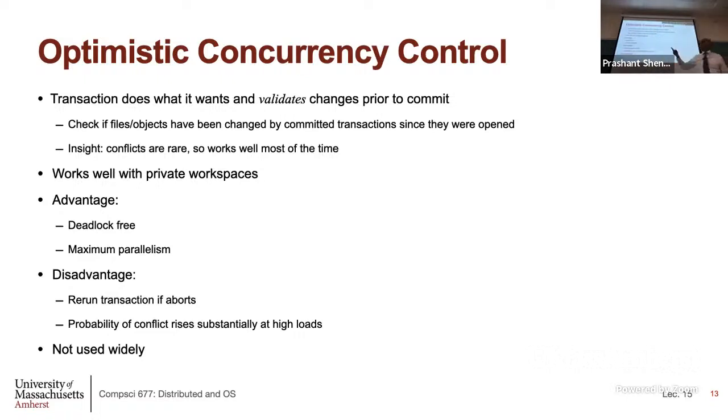The reason this works well is conflicts are actually rare in large databases. Different transactions work on different parts of the database. If you're working on two different parts of the database, there should not be a conflict. To go back to the airline booking, if you are booking a ticket to go to Delhi, and somebody else is booking a ticket to go from Chicago to, let's say, Los Angeles, those two transactions are not going to conflict because you're looking at completely different flights altogether.